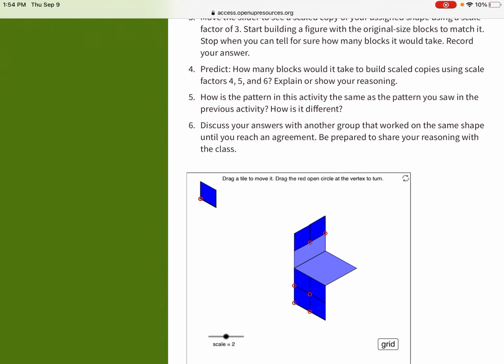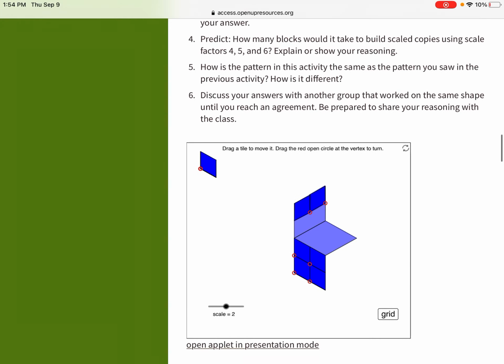So you're just going to take 4 squared and times that by the original. So on the blue one, it's going to be 4 squared times 3, so 16 times 3. Or it would be 5 squared, which is 25, 25 times 3. Or 6 squared is 36, 36 times 3, and so on to get your new dimension.